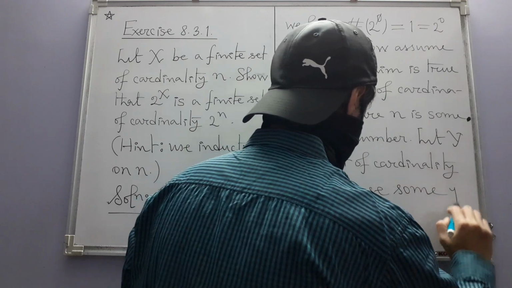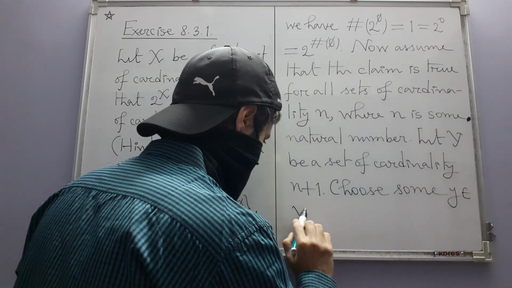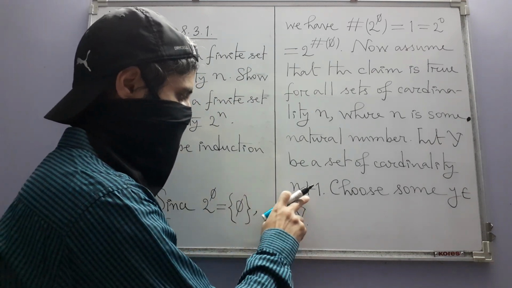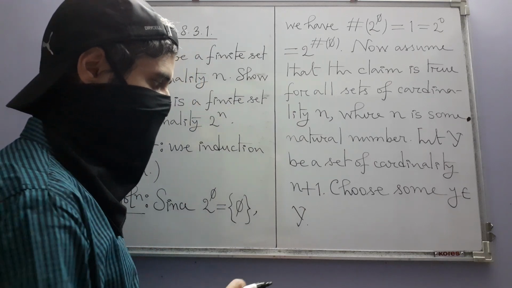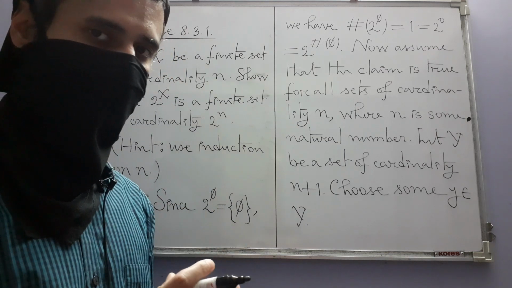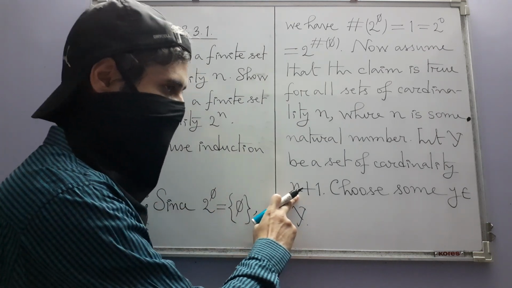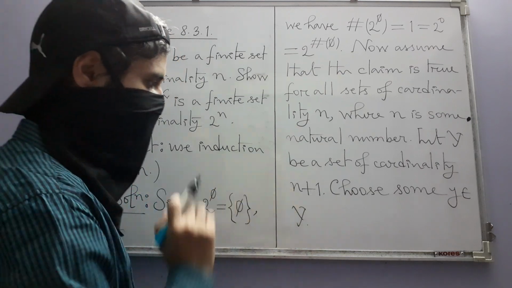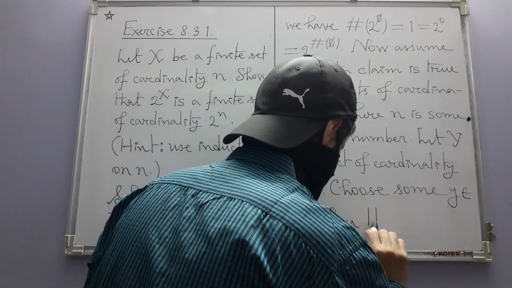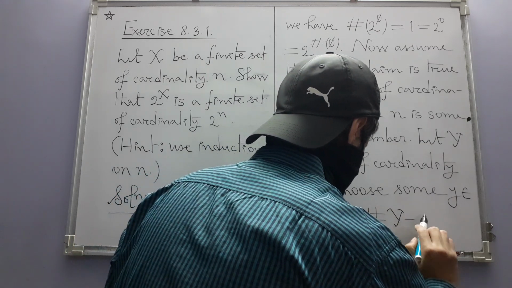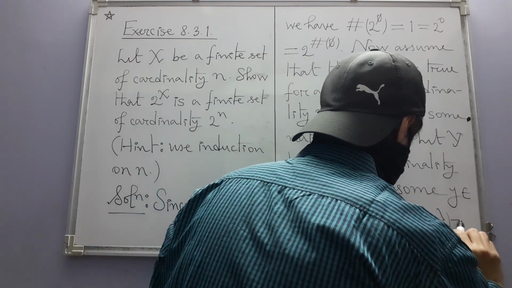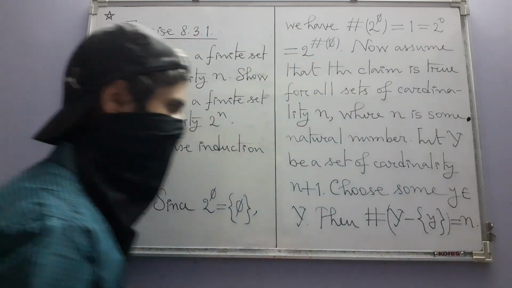Choose some y in Y. Now that same result in the section on finite sets, which says that Y is non-empty, also says that if we remove this element y from Y, then the resulting subset will have cardinality n, 1 less than the cardinality of Y. Then this is equal to n.